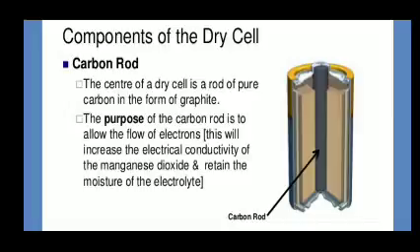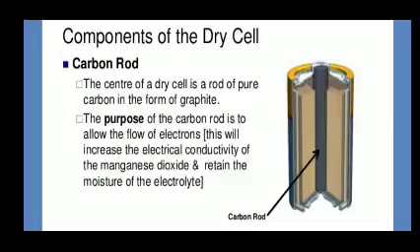The central electrode arranged in a dry cell is called the anode. This generally uses carbon or graphite. This carbon rod is arranged in the central part of the dry cell.